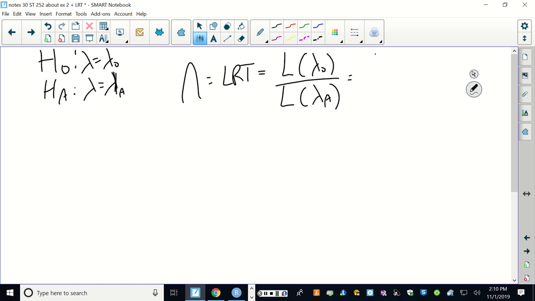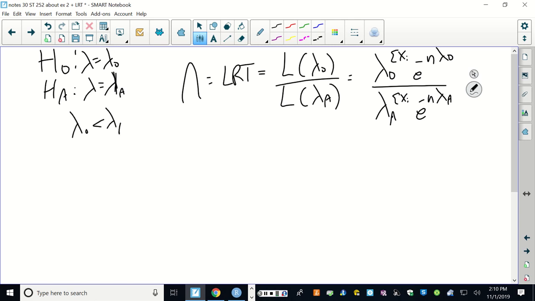So this is lambda 0 to the sum of the xi's, and there's e to the negative n lambda 0. There is the product of all those xi factorials, but it's in both the densities, so it'll cancel once you take a ratio. Then lambda a to the sum of the xi's, and e to the negative n lambda a. For the time being, let's assume that lambda a is the bigger number.